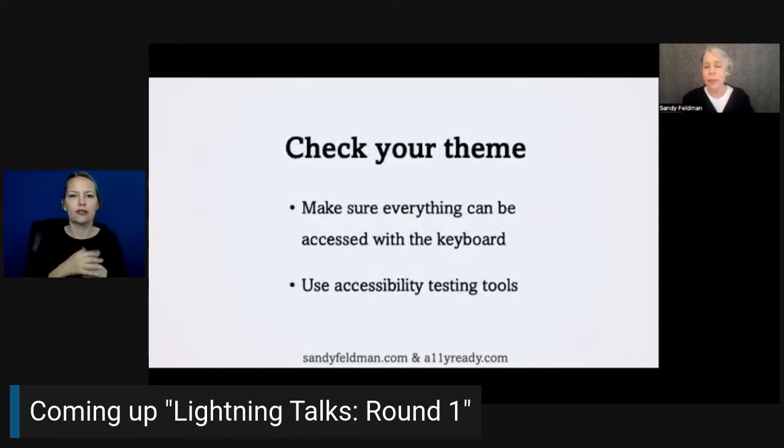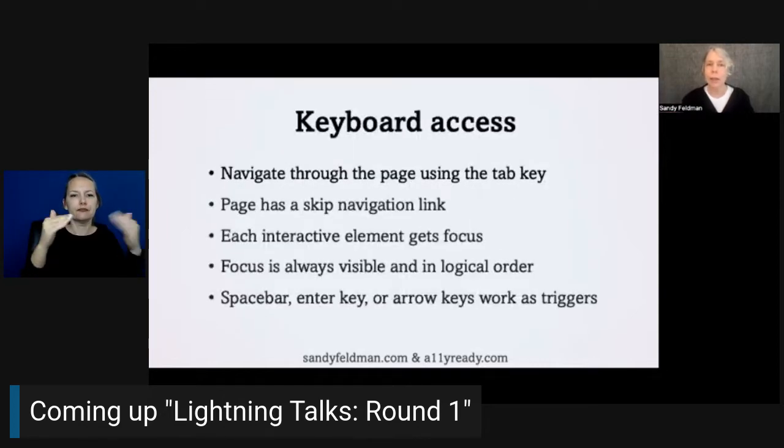So check your theme. Make sure that everything can be accessed with the keyboard and use automated accessibility testing tools. Keyboard access. First thing is you navigate through the site using the tab key. And the first thing you should come across is a skip to content link or a skip navigation.